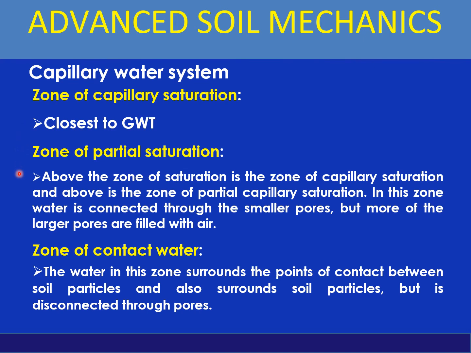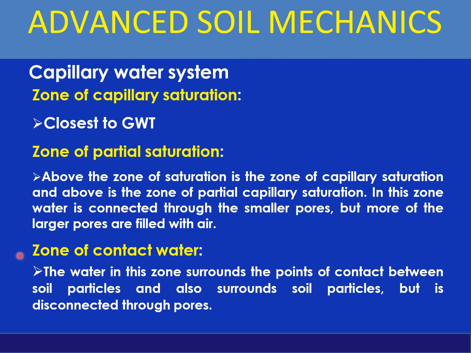Above the zone of saturation is the zone of capillary saturation, and above is the zone of partial capillary saturation. In this zone, water is connected through the smaller pores, but more of the larger pores are filled with air. So that's why the word partial saturation is being used.